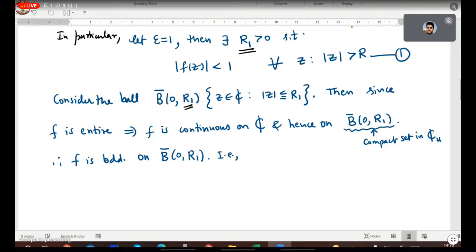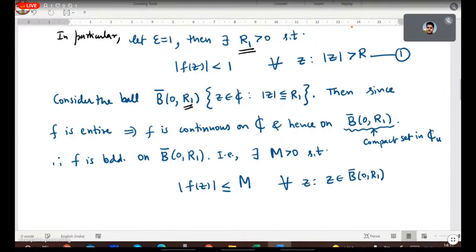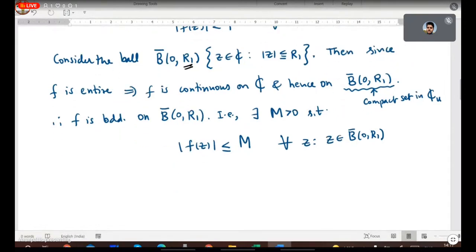That is, there exists some M greater than 0 such that mod of f(z) will be less than or equal to M for all those z such that z belongs to this ball. Yes or no, class? Right? Instead of writing this, you can write all those z such that mod of z is less than or equal to R1. Is this okay, class? So call it number 2.